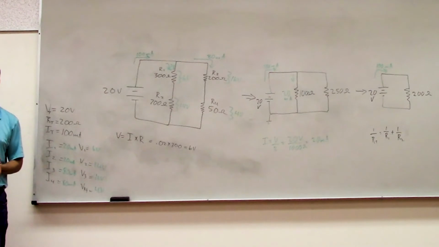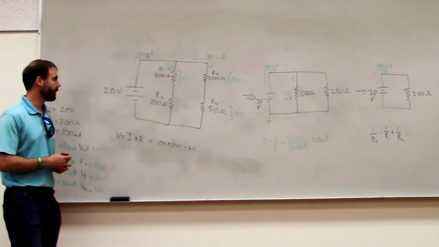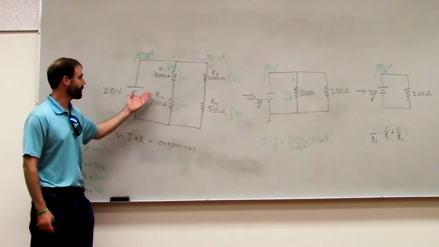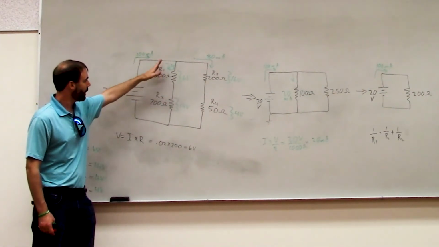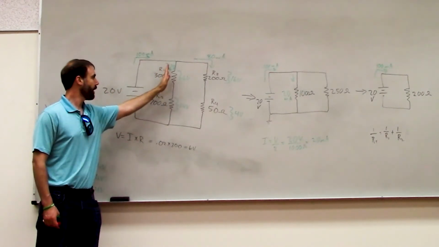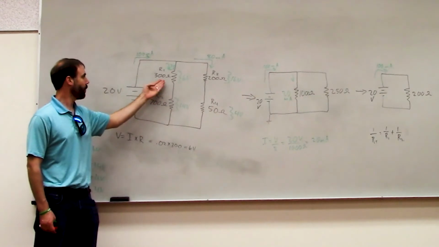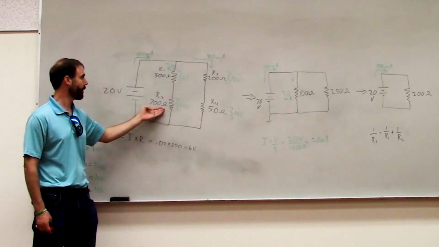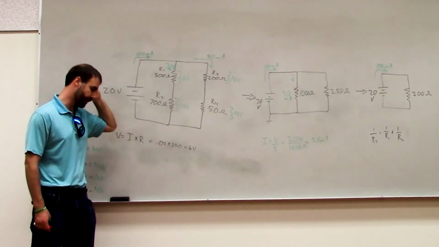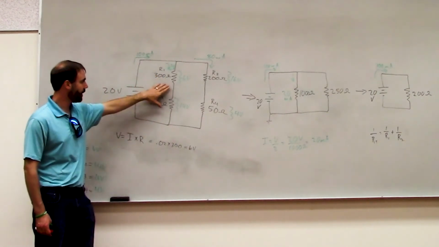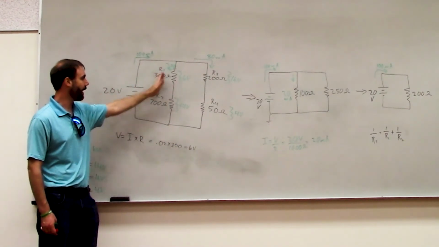Yeah? Could you explain again how you got 200 for the resistance? Sure. So what we did is that we looked at this first circuit, and we said that this left-hand branch had 2 resistors in series. So when we had these 2 resistors in series, we knew that we could simplify that as a single equivalent resistor by adding these 2 together.